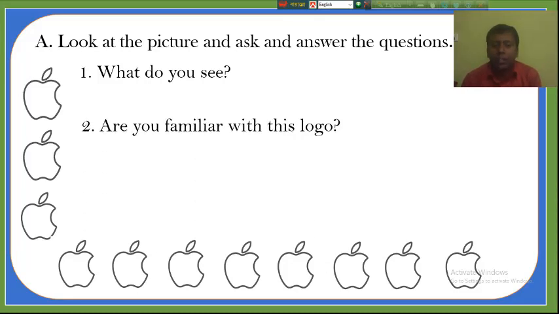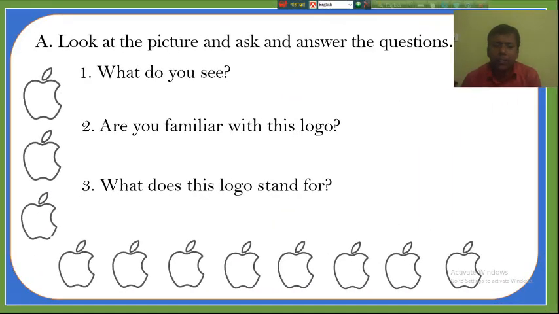Okay. Number 2, are you familiar with this logo? Number 3, what does this logo stand for? Dear students, can you imagine the answer of this question?